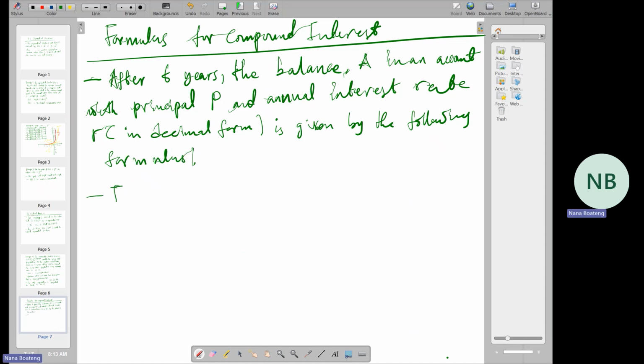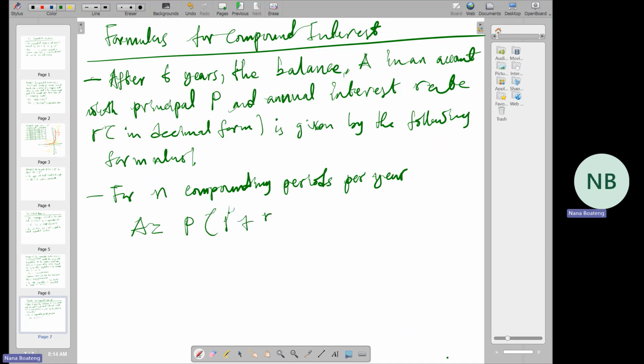All right, so for n compounding periods per year, the amount will be A equals P times 1 plus r divided by n, power n times t.